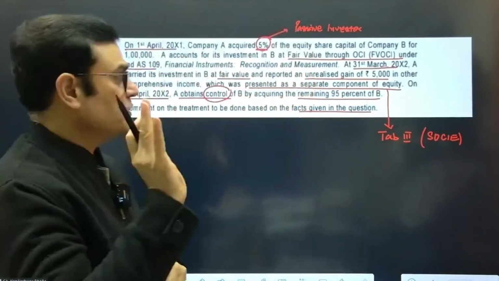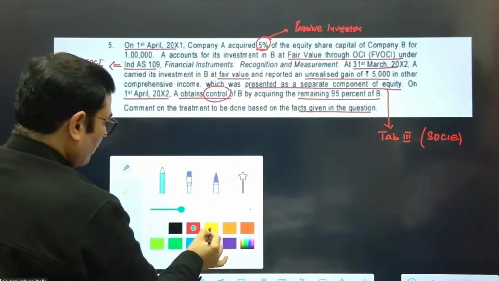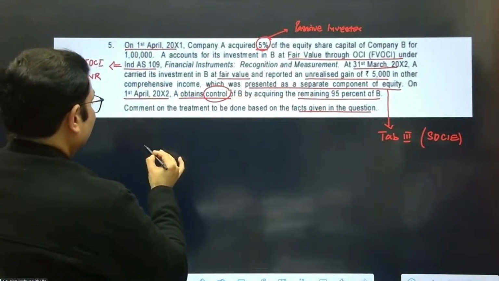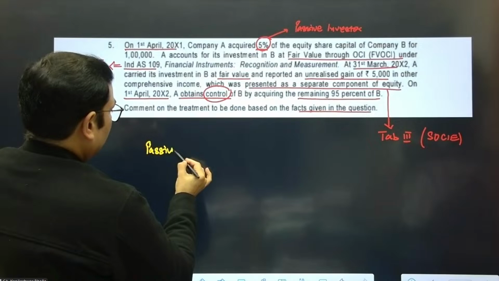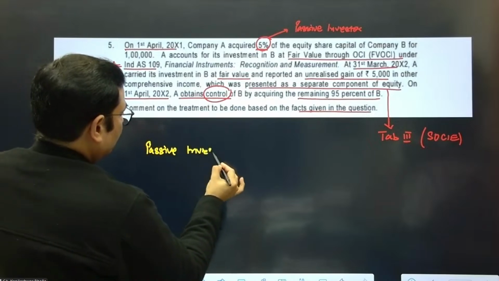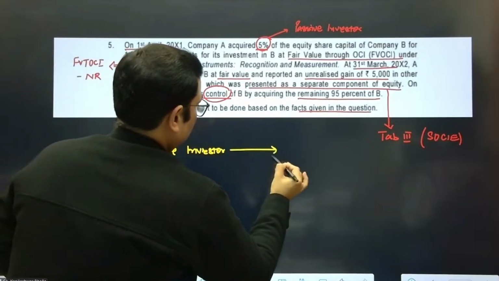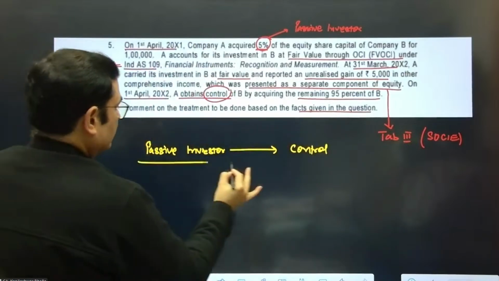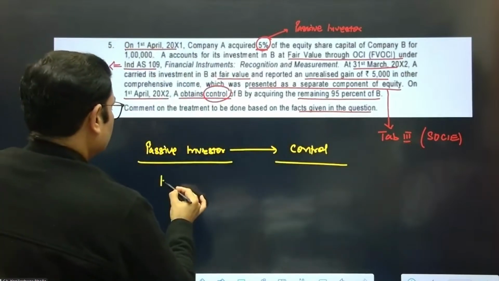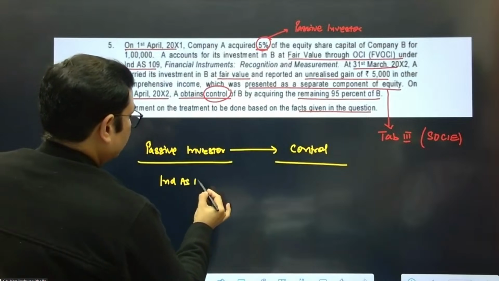So let's see what is to be done. So we know from the conceptual knowledge we acquired that the company was a passive investor, and from a passive investor, they are converting into a controlled situation. And I guess if I apply these standards, we were covered under Ind AS 109.